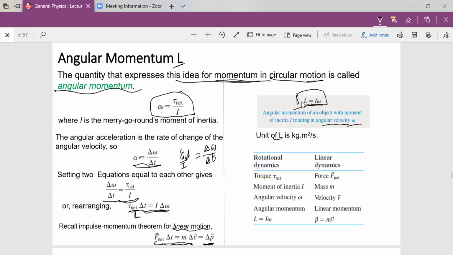The unit for angular momentum is kilogram meter squared per second.